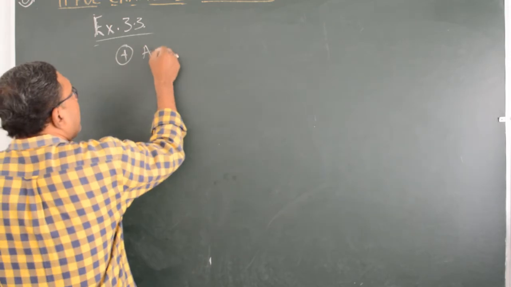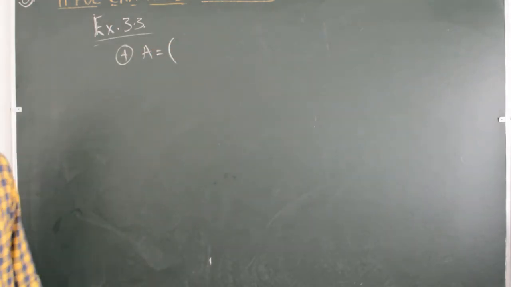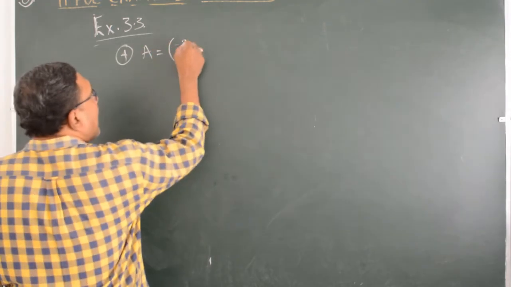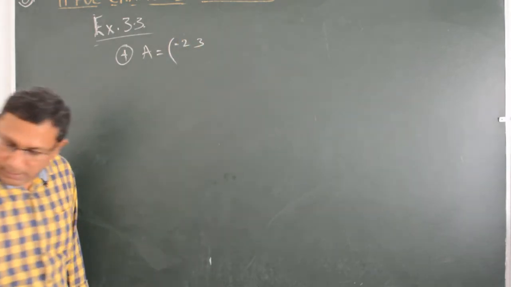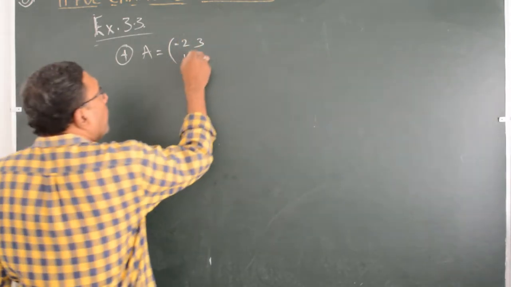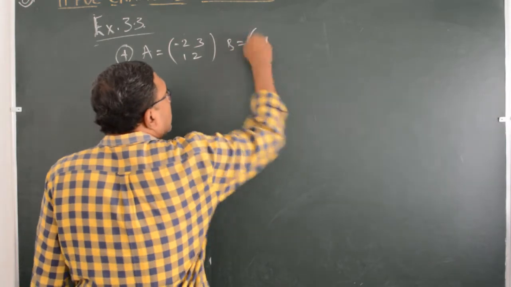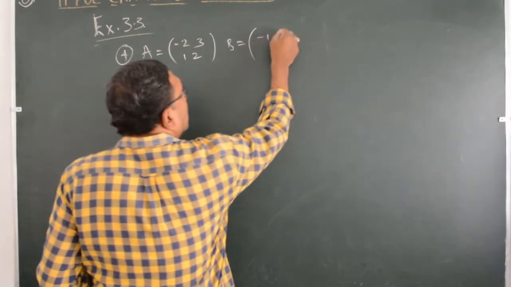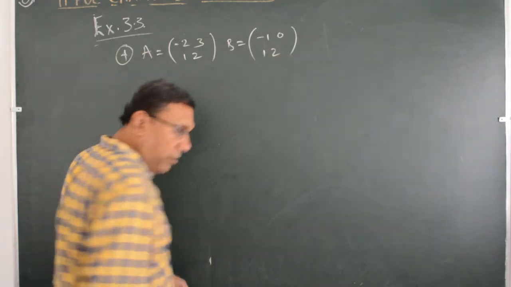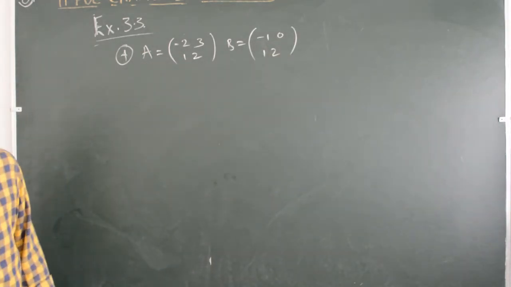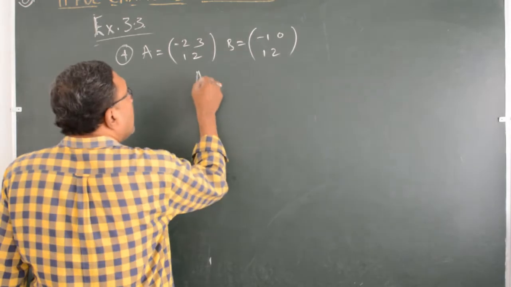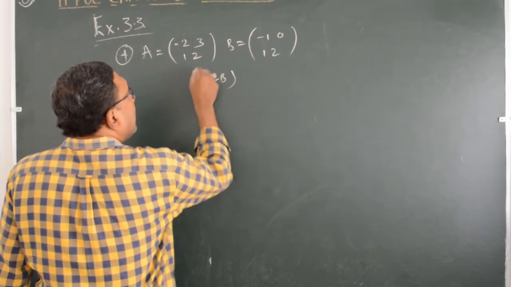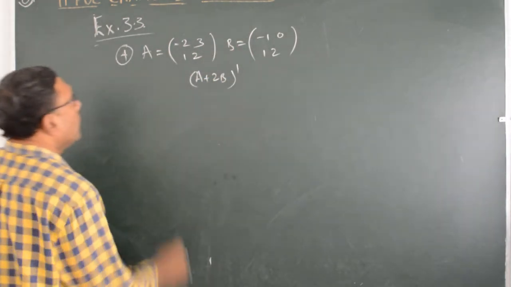If your A is given minus 2 3 and it is 1 2, and you are also given B which is minus 1 0 1 2. All we need to find is A plus 2B and its transpose.